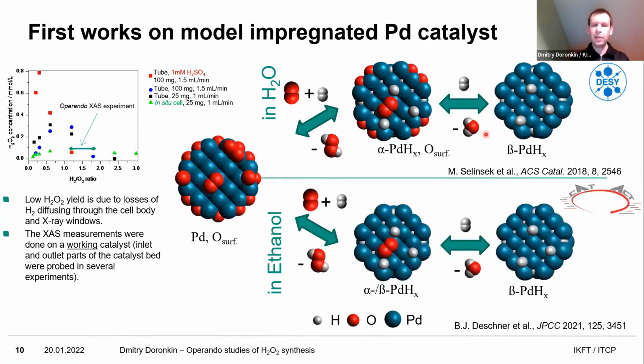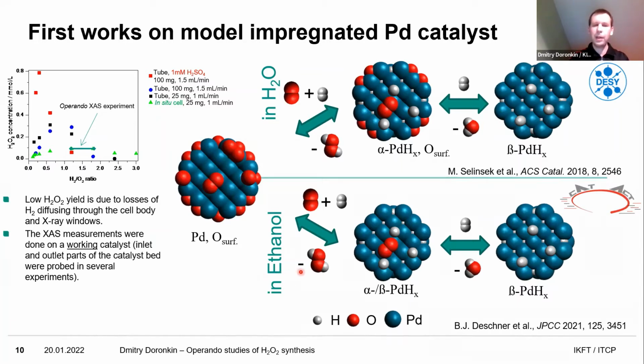And then we did some homework, about which I will report later, and repeated the same study on the same catalyst in alcohols. Why alcohols? Because for chemical industry, they need solutions of hydrogen peroxide in alcohols. Ideally, we would like to work with methanol, but we do not want too much methanol at the beamline.